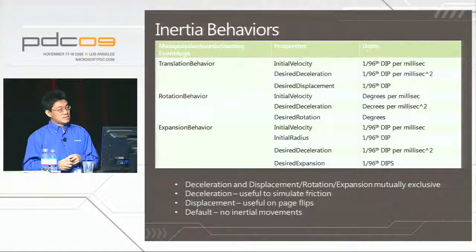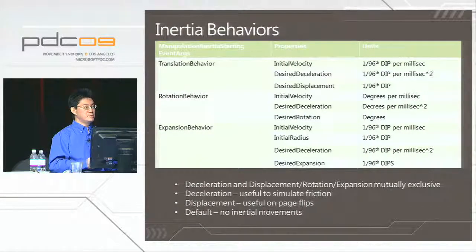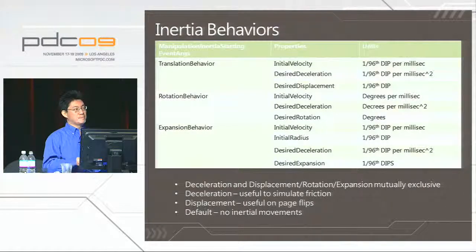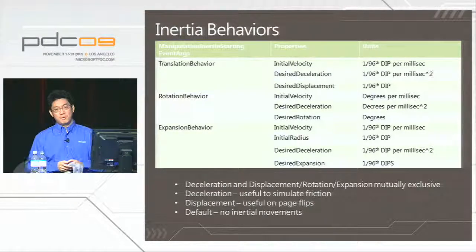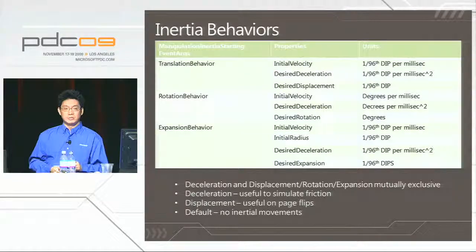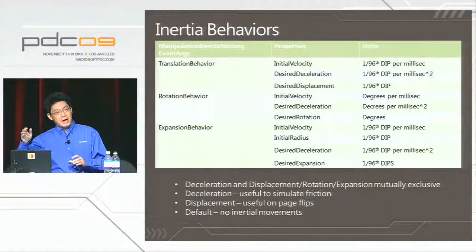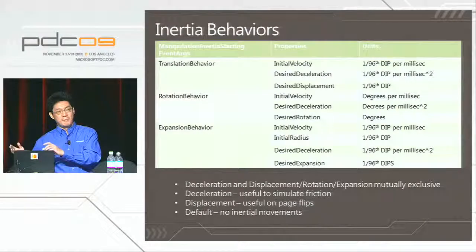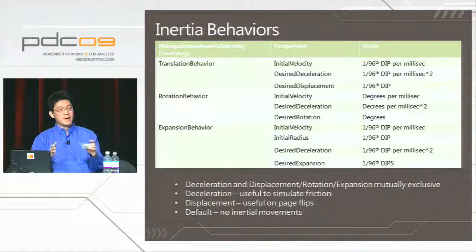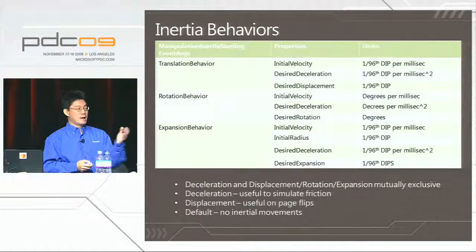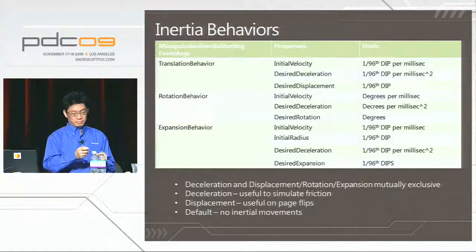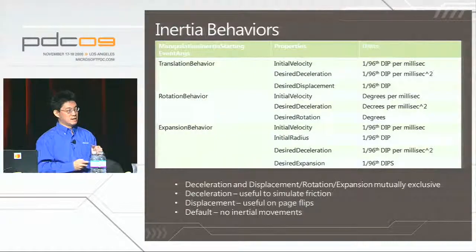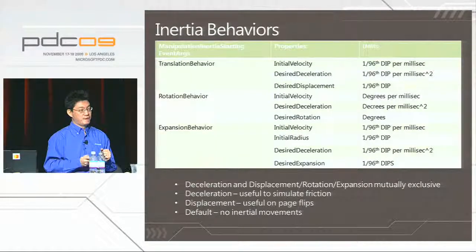Or the desired displacement. Displacements allow you to stop the elements at a particular distance. So for example, if I'm using inertia to flip pages, I want to make sure that I'm not panning past the end of the page. I want my page to stop at exactly the right spot. And I can be using displacement instead of deceleration for that effect.